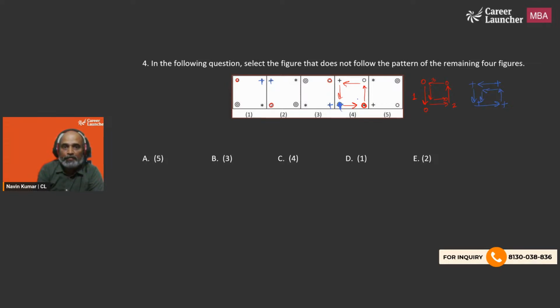And then if it takes a complete one cycle or 4 turns, it will come back here. So this makes sense. So we see that the fourth one is the wrong one here. So C becomes our answer. Right? So it was +1, +2, +3, +4. That's how each symbol is changing here.